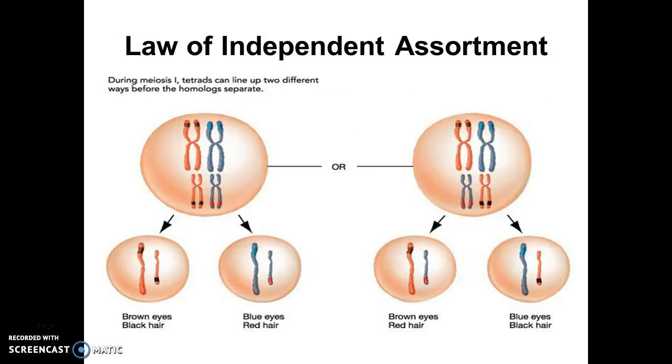Okay, the law of independent assortment says that the tetrads, or the homologous pairs, will line up randomly. So for example, what you got from your mom, remember, homologous pairs are a partnership. This chromosome codes for the same traits as this chromosome.